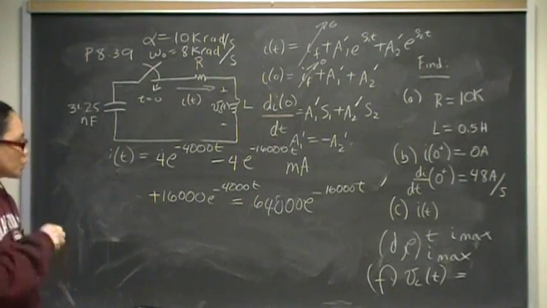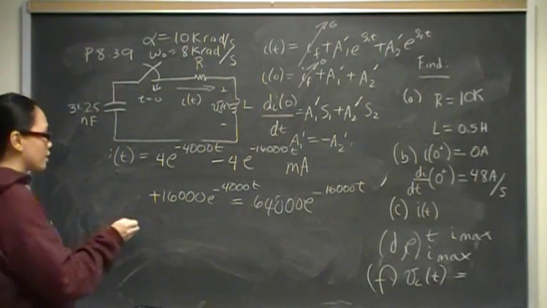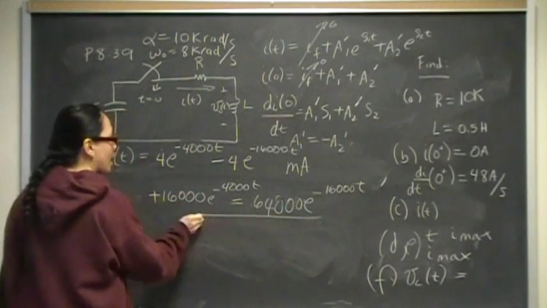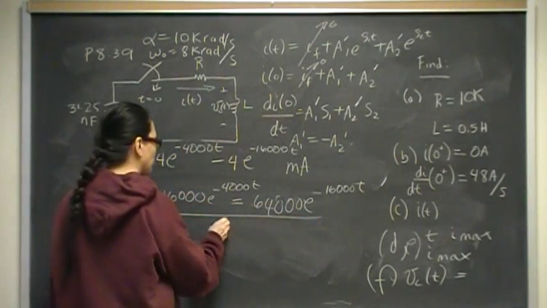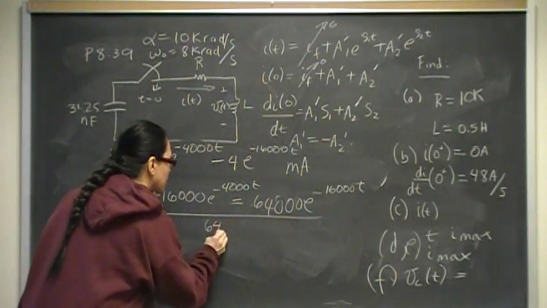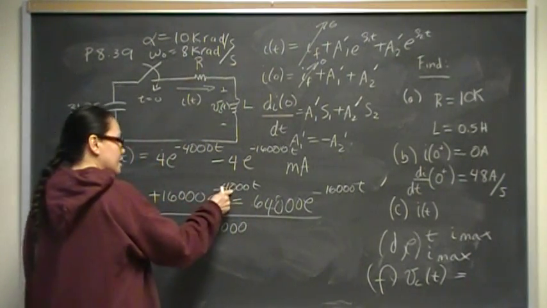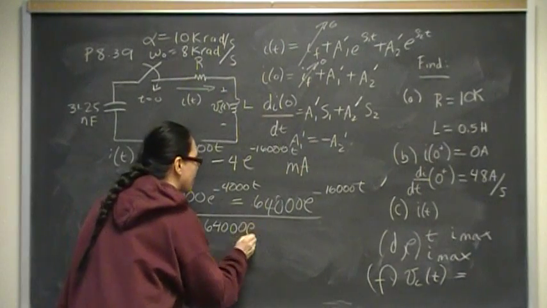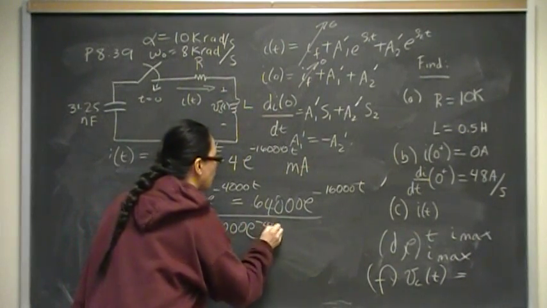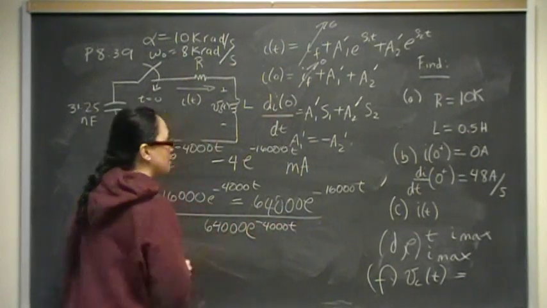Now, I need to get e's on one side and numbers on the other side. To get rid of this coefficient, I'm going to divide by 64,000. And then to get this e on the other side, I'm going to divide by e to the minus 4,000 t.